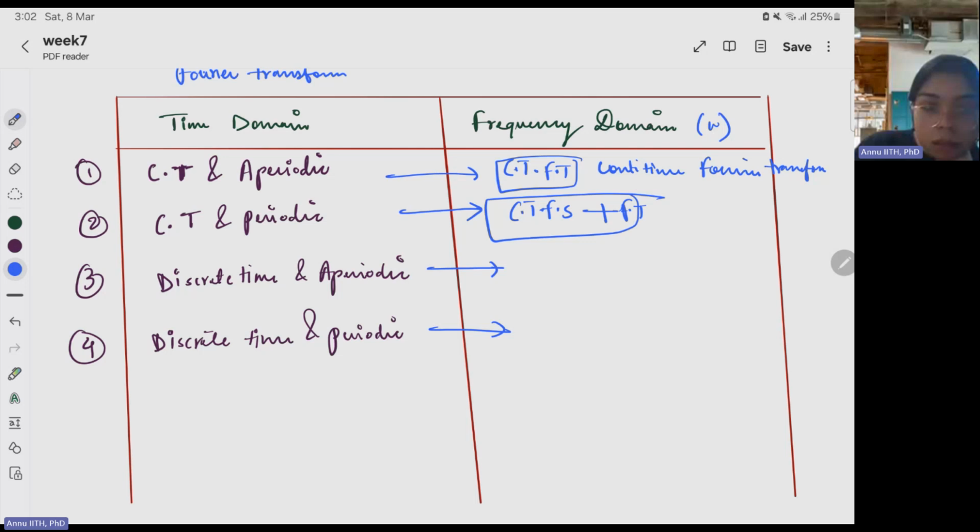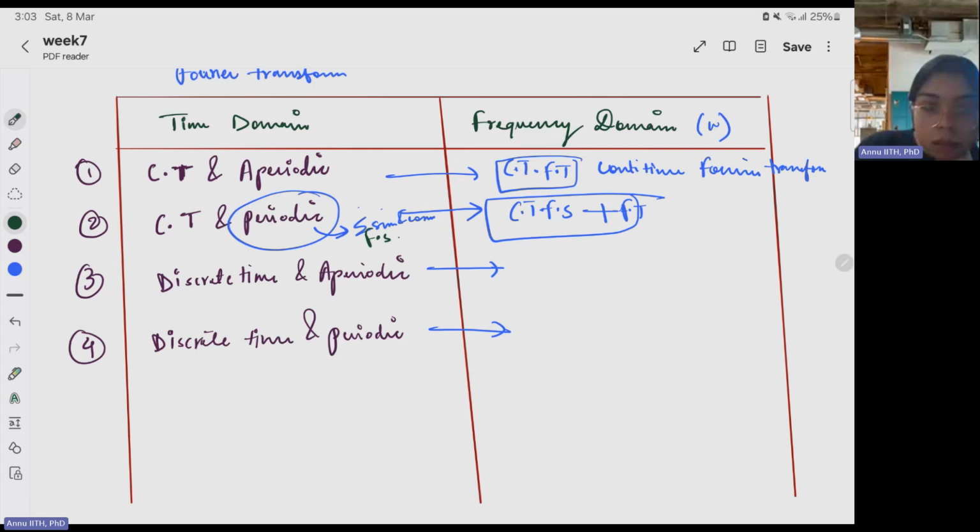First the periodic signal is written as a sum of sine and cosine using the Fourier series, and after that it will be transformed.